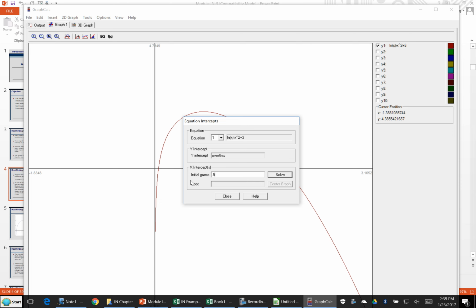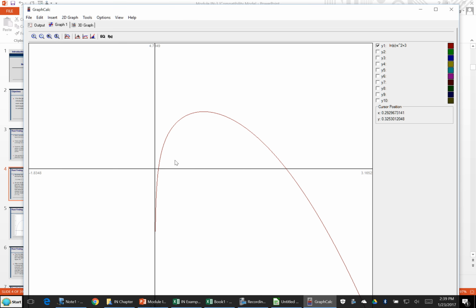Okay, so when I say a guess, what you're doing is you're giving an estimate to where you think this function is going to cross the x-axis, and then this algorithm that you learned about in the previous module kicks in, this iterative algorithm, and it converges, or sometimes it doesn't converge, but hopefully it does converge, and it gives you a numerical approximation to the answer.